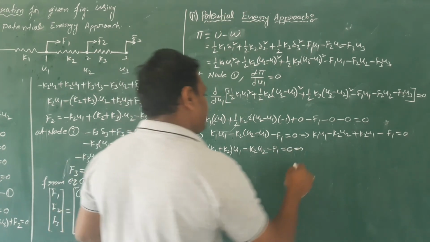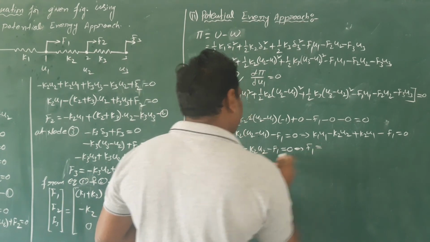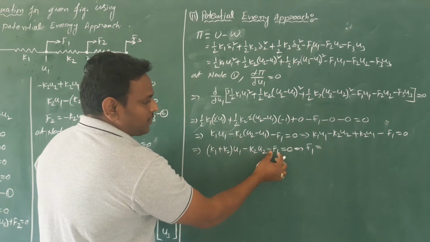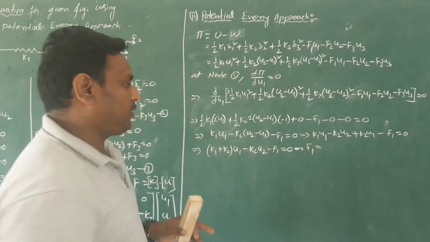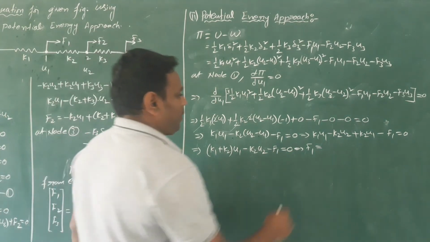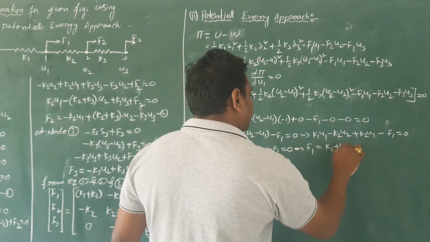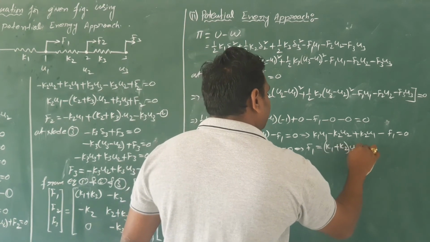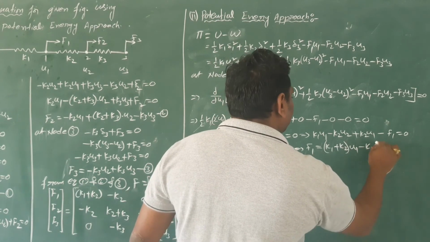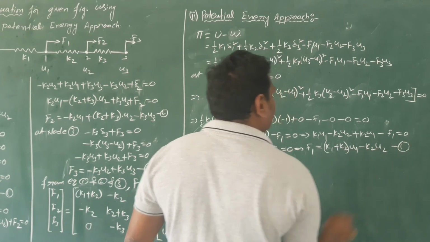Finally I send this F1 to the other side, that is RHS. Finally we got F1 equal to (K1 plus K2) U1 minus K2 into U2. This is equation number 1.